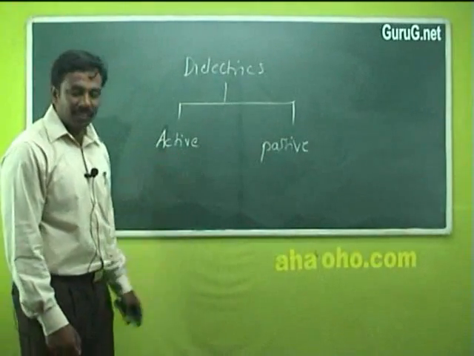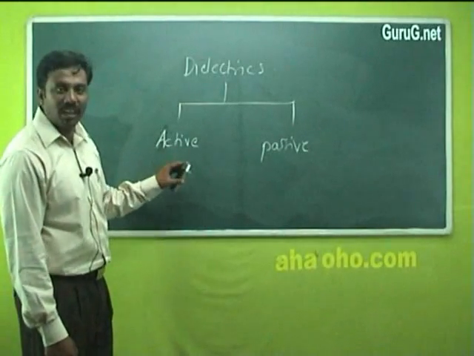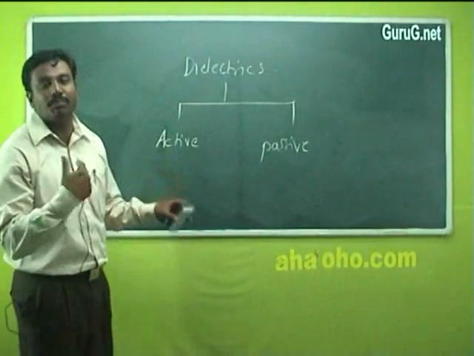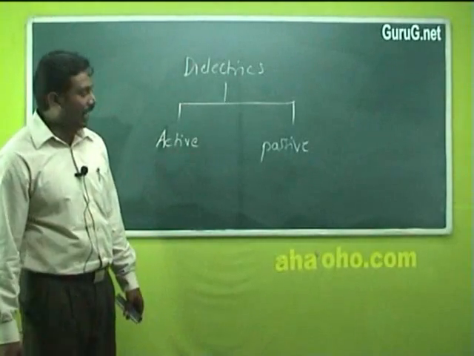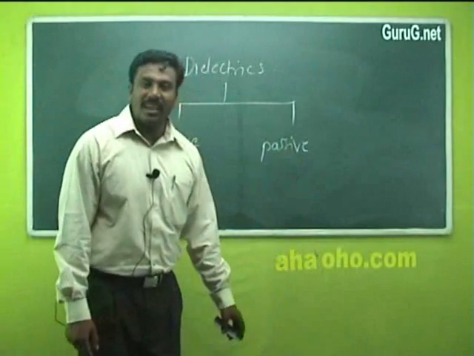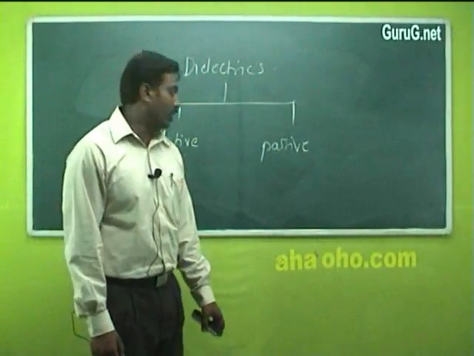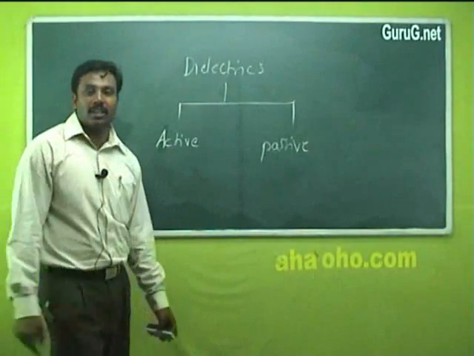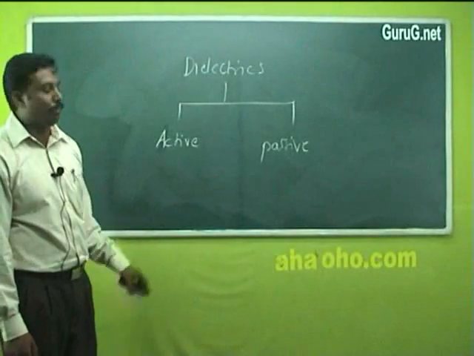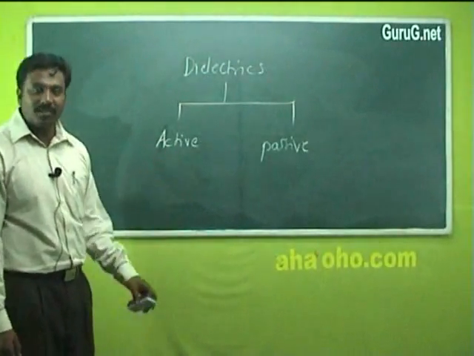In case of active dielectrics, when an external field is applied, from the name itself we can understand it actively accepts the electric charges. So it is called active dielectrics. Piezoelectric and ferroelectric materials are very good examples of active dielectrics.